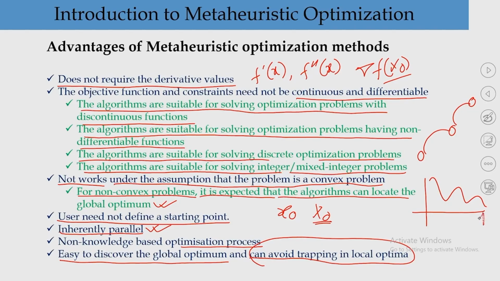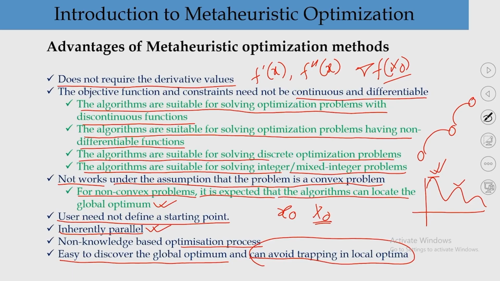I may get this particular one, and similarly if I need to find the global maxima, that also I may get. So, I can easily avoid the other local optimal solutions. These are the advantages of meta-heuristic optimization methods.